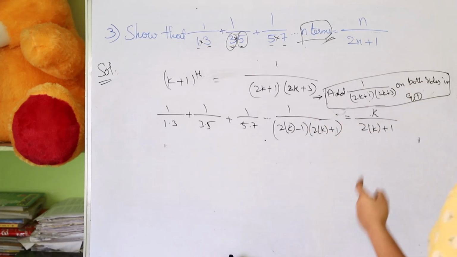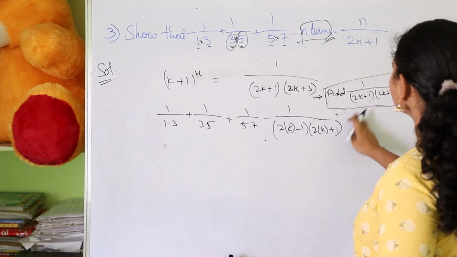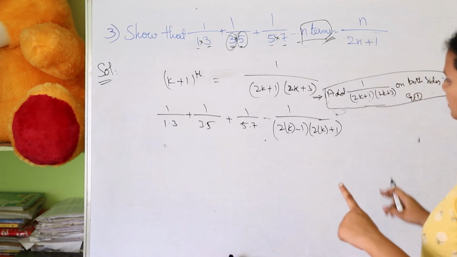Try to bring in this step. So here you add 1 by 2k plus 1 into 2k plus 3 on both sides in equation 1. This is the equation 1 that we know.